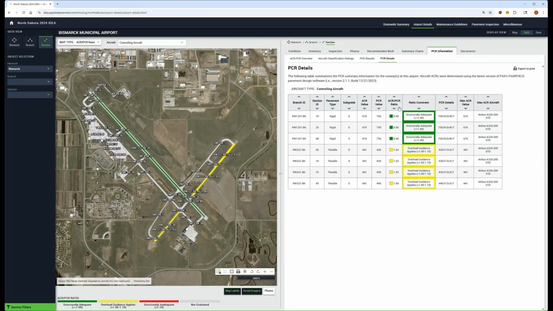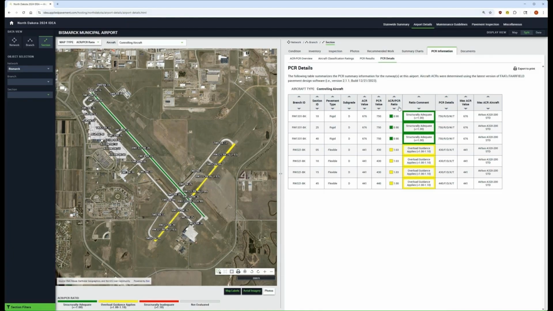That's the individual pavement's rating on its structural ability to withstand the loading of the aircraft that are applied to it, according to how it's designed. ACR, aircraft classification rating, is provided for each individual aircraft according to the subgrade strength of the support conditions of that pavement.